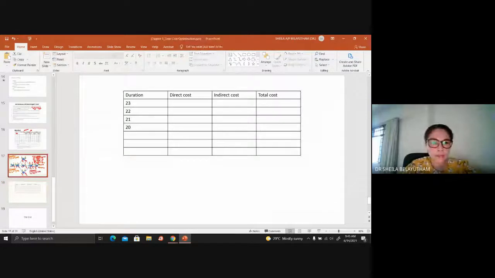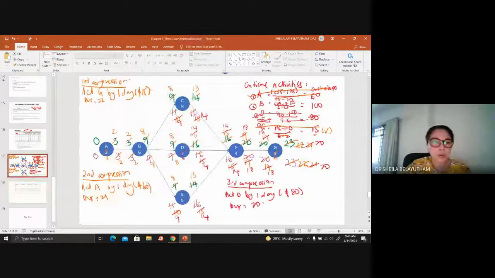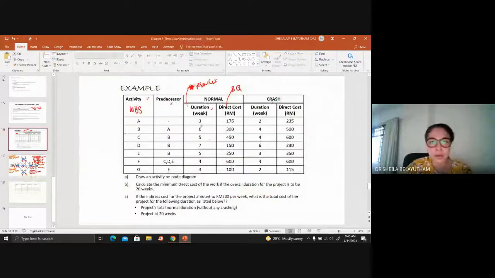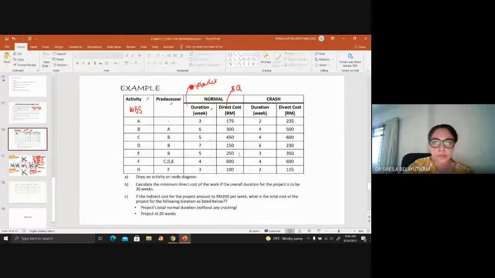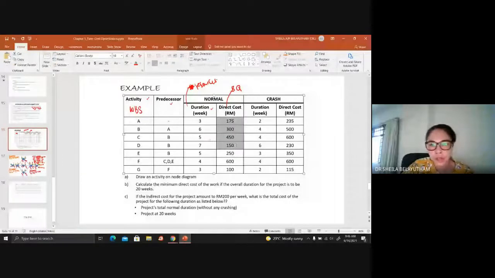Okay, so for 23, it is the normal duration, without any crashing. This will be the direct cost. Can you find the total sum of the normal direct cost? So that will be the direct cost for the duration of 23. So could you try to sum up the entire direct cost here first?